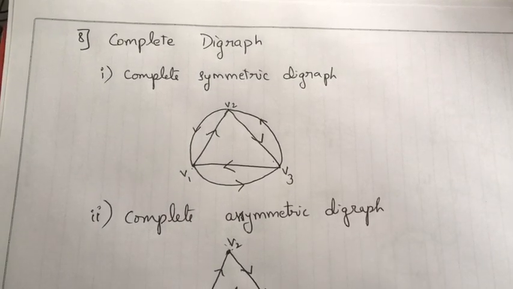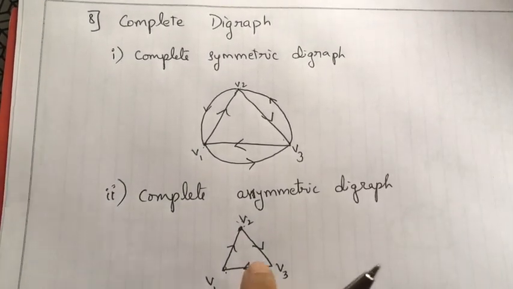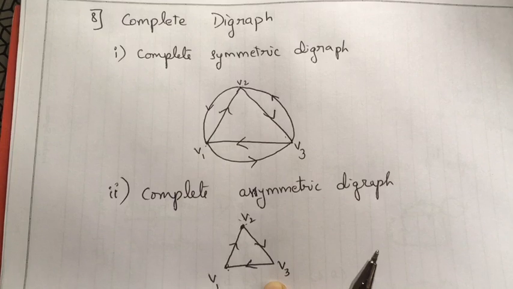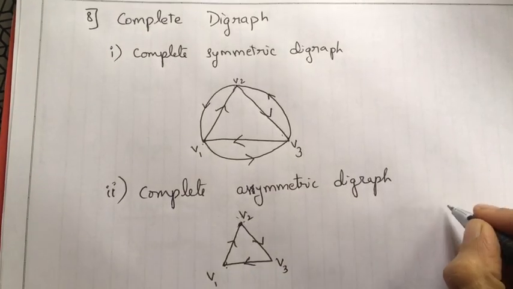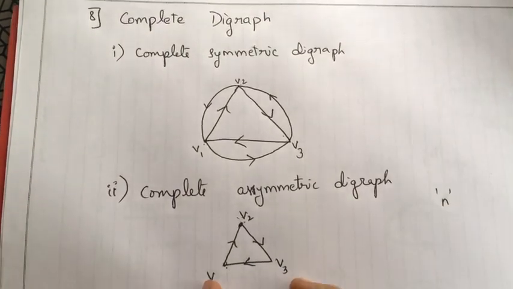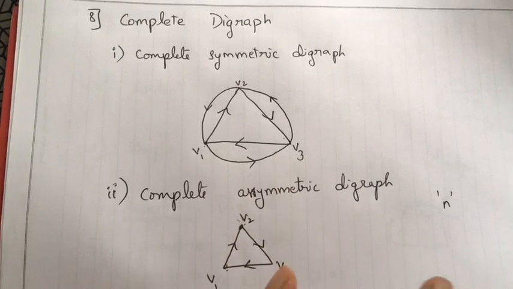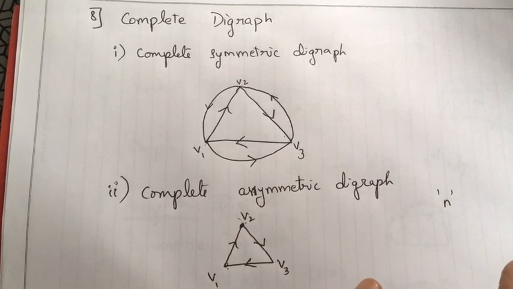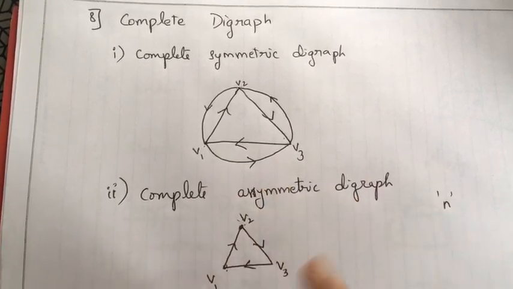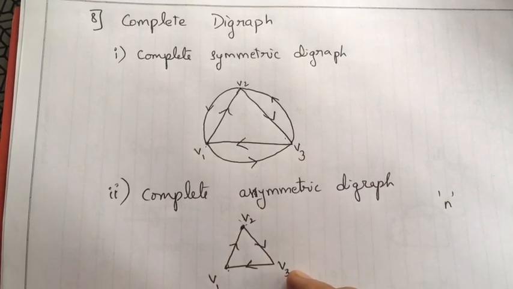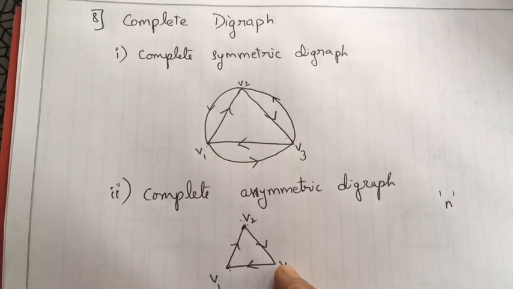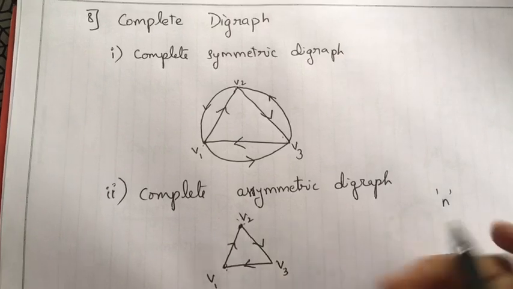The thing to remember is, a complete asymmetric digraph with n vertices is nothing but a simple graph, with no parallel edges and no self loops, but it should not have any isolated vertex. You have to remember that.